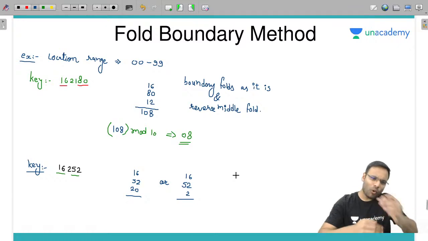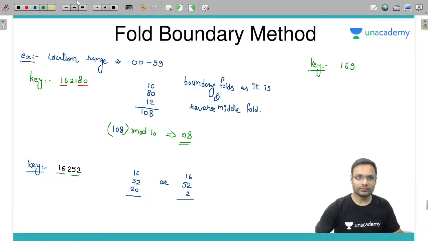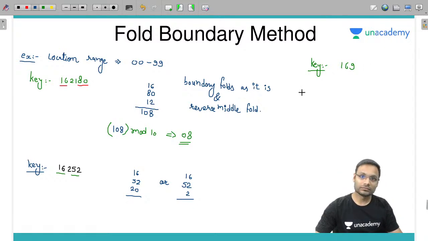Now there are a few more variations. What kind of variations? Suppose you have a key like this, 1 6 9. Which side should this particular 6 go, this side or this side? Problem? Yes, problem.